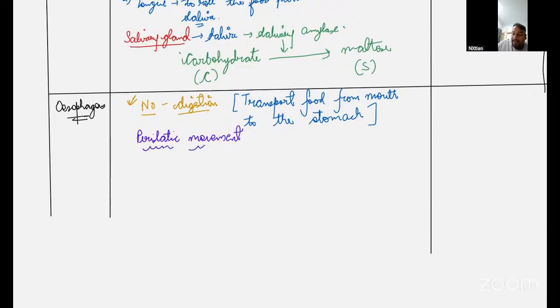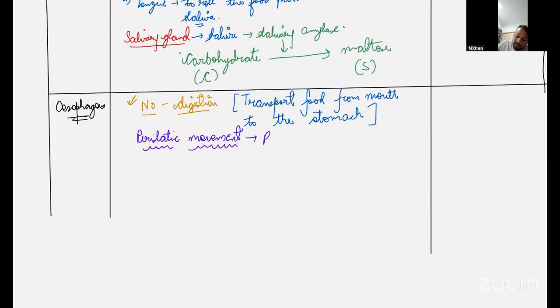So, we will understand it like this. Everyone, please pay attention. What is peristaltic movement? In peristaltic movement, there is rhythmic contraction and relaxation so that food can go down. Okay. So, what is peristaltic movement?